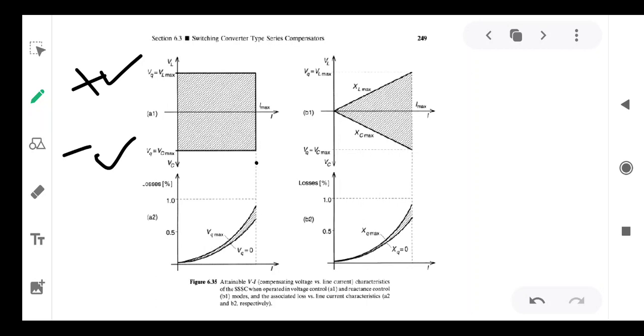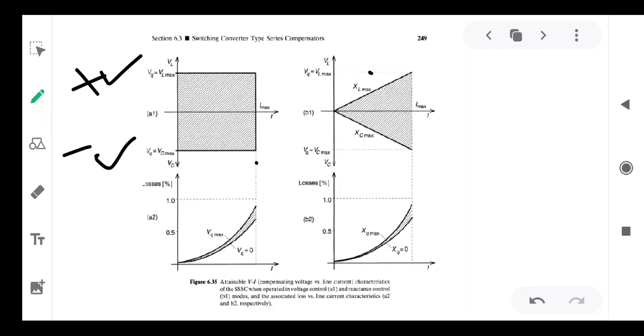Coming to the right side portion and its characteristics of the SSC, current is plotted on the x-axis. Inductive reactance is plotted on the y-axis. Our voltage is plotted, so XL and XC can be obtained from V and I ratios.